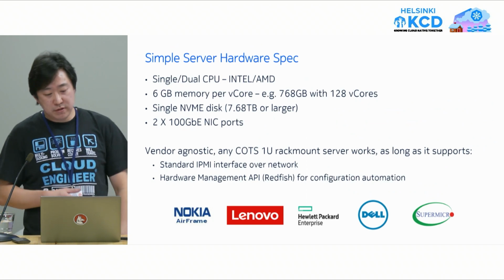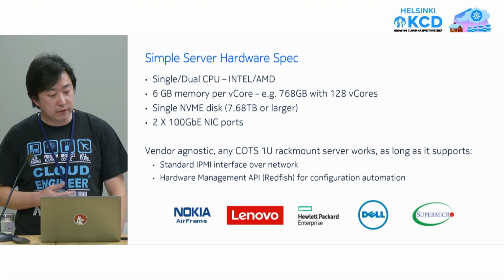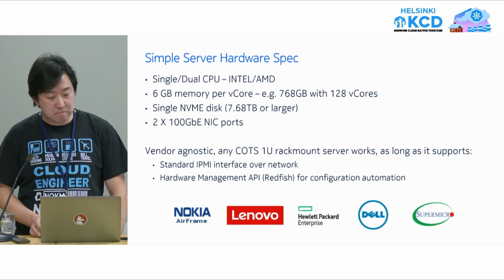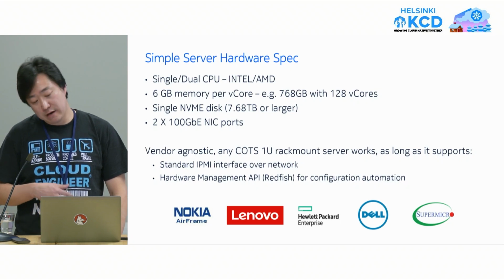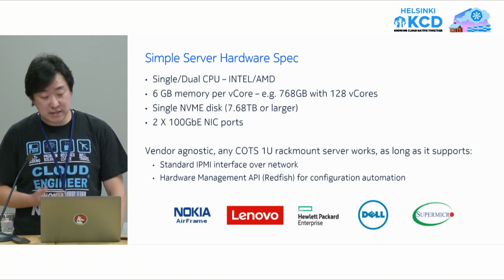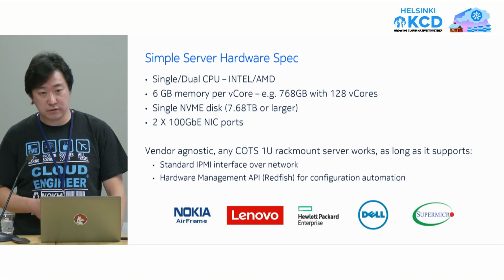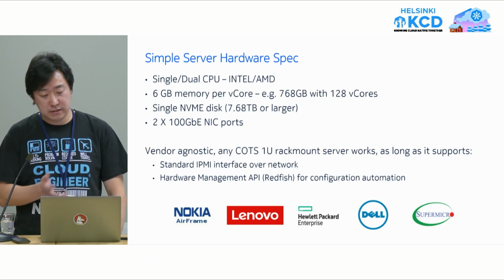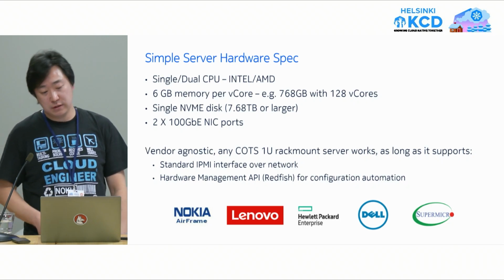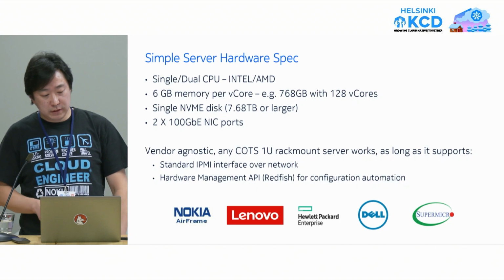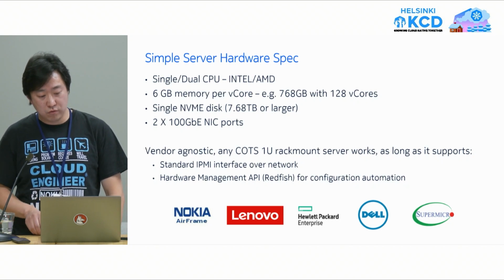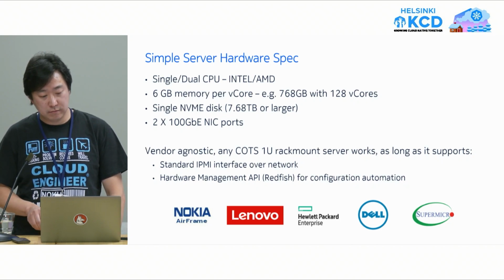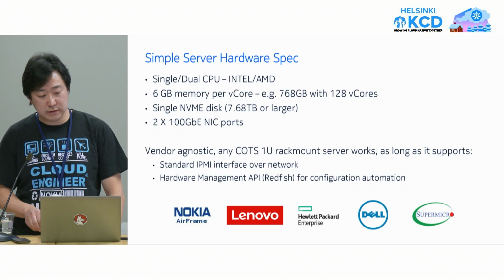We try to simplify the hardware configuration. So our server recent spec, we have a single socket server, but it supports also two CPUs from Intel or AMD, and we have this 6:1 memory to core ratio.